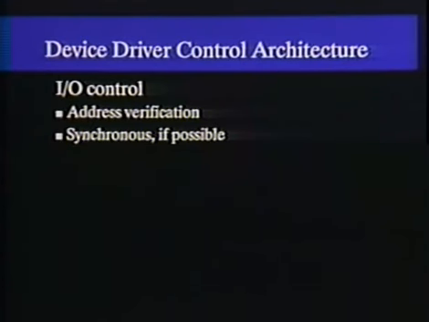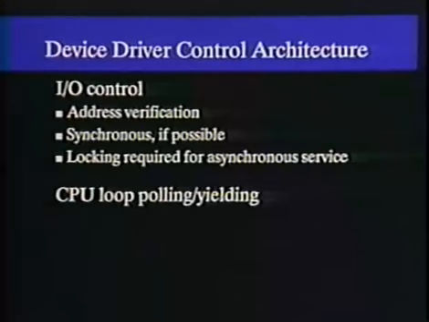If you must perform asynchronous I/O, for example, changing a baud rate, waiting until the current characters are output before changing the baud rate, you will have to perform your own virt to phys, and you also have to perform your own locking.